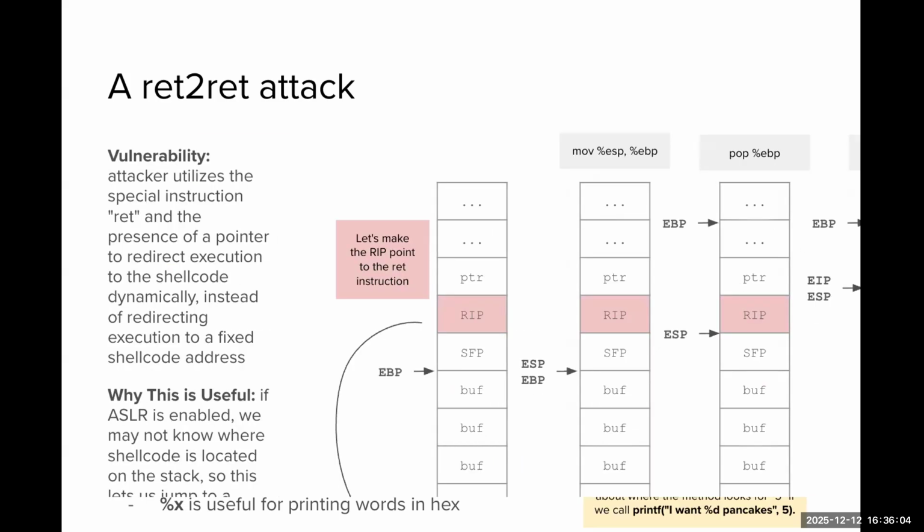Why can't we just put the shellcode somewhere, like do a buffer overflow and put the shellcode right above the RIP? Oh, but yes, you don't know where the shellcode is. You don't know where your stack is, so if you write the shellcode right above the IP, you don't know where that is.